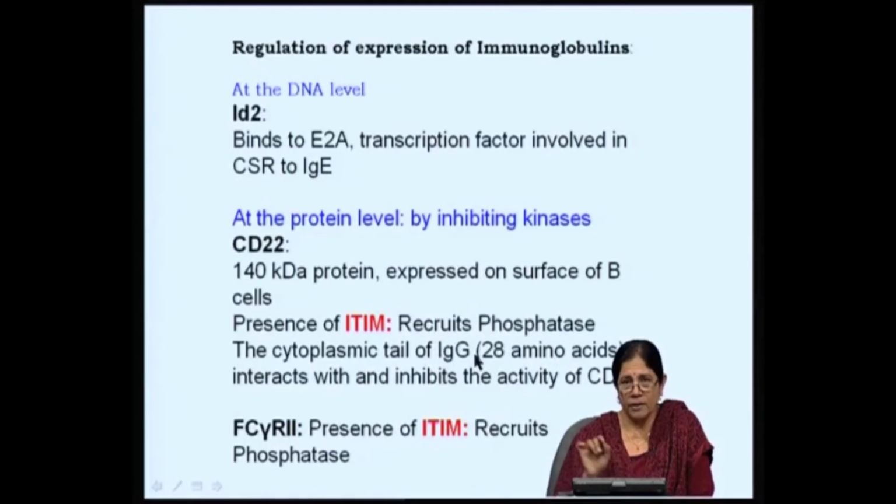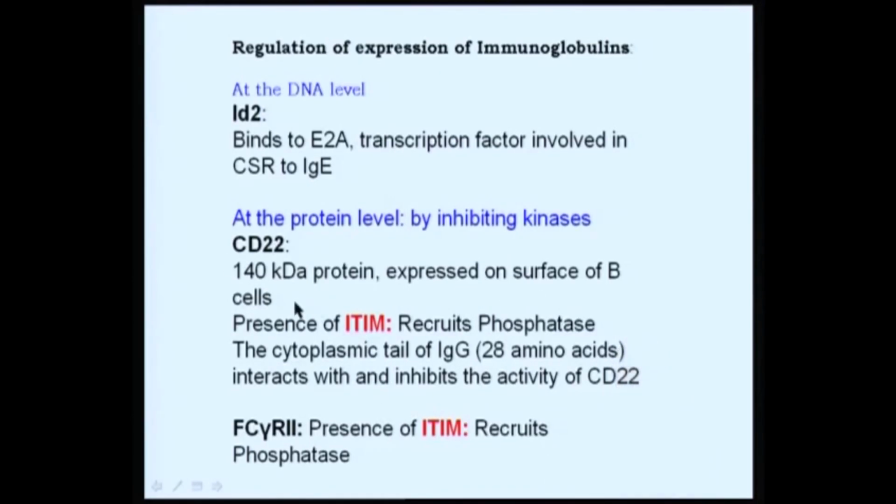Remember, immunoglobulin, the antigen receptor itself, does not have any motifs, but what this 28 amino acid segment does is it interacts with the CD22 phosphatase molecule intracellularly and inhibits the activation of CD22, thereby inhibiting the ITIM and thereby inhibiting the phosphatase.